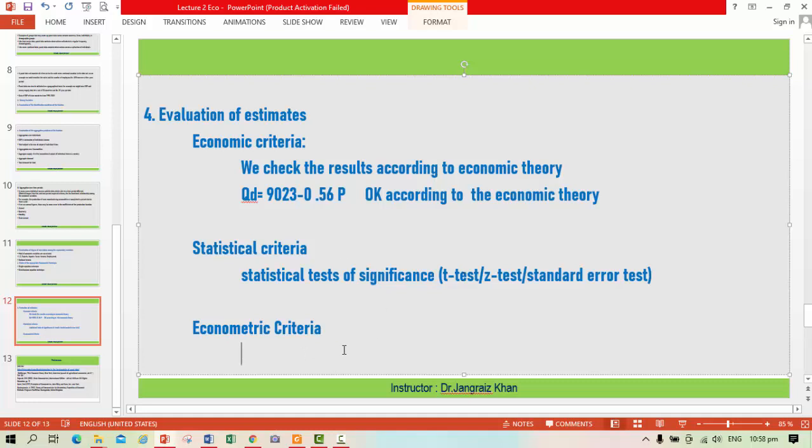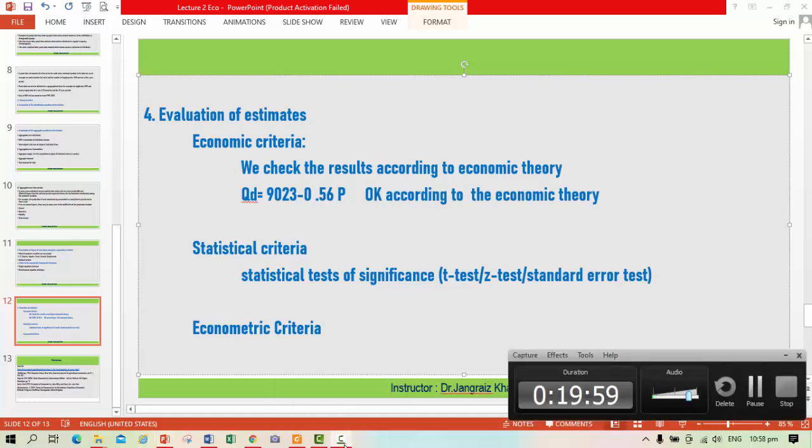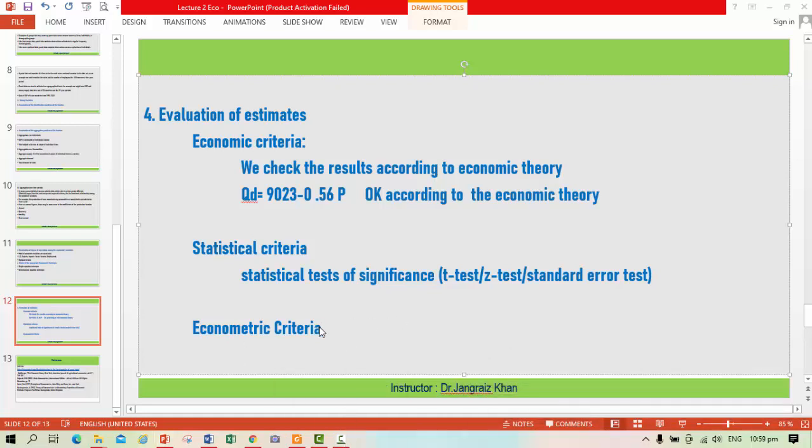The last criteria for the evaluation of the estimates is the econometric criteria. In the econometric criteria, we ensure whether the assumptions of the method used are fulfilled or not.